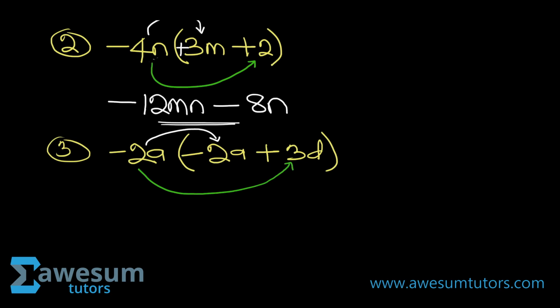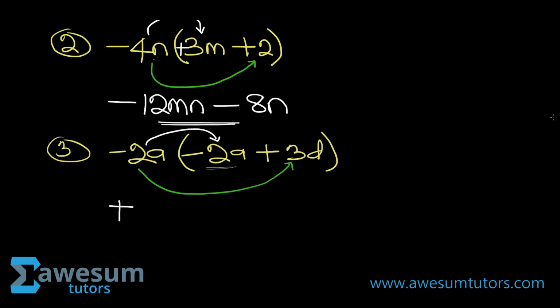Okay, let us multiply out now. Negative 2a times negative 2a right here. Take note, negative times negative is going to be positive because these are like signs. Okay, like signs. So it's going to give you positive.